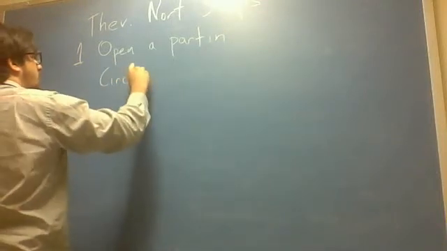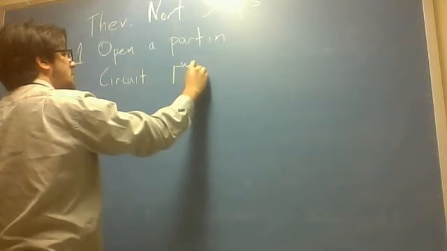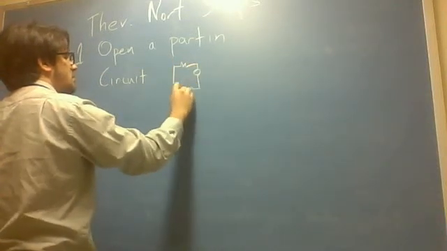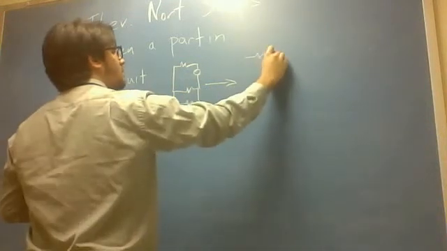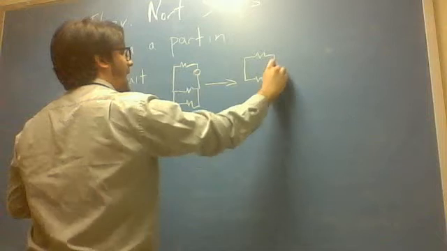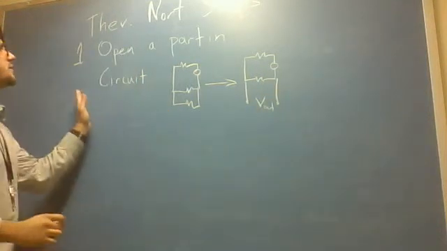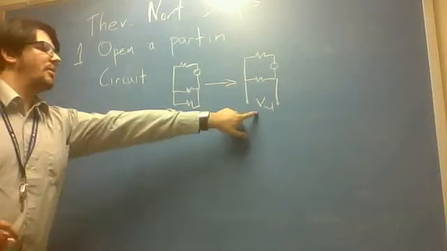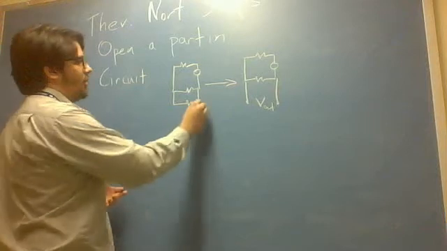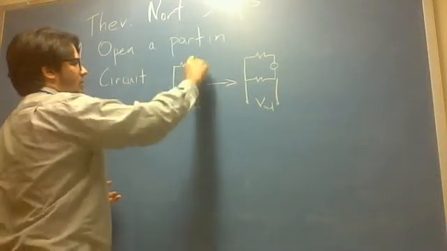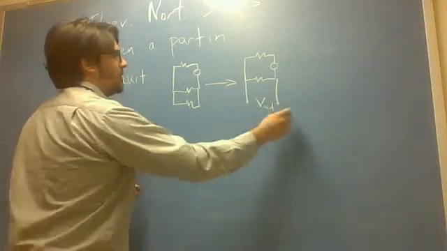So like, for example, that might mean you go from this to this, and you don't really have to do this per se, so this would be V out. This step is just to open a part of the circuit, and you can even open, say, one huge part. So yeah, that would be one example.